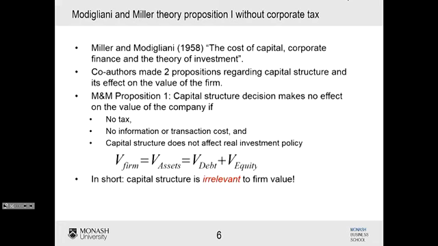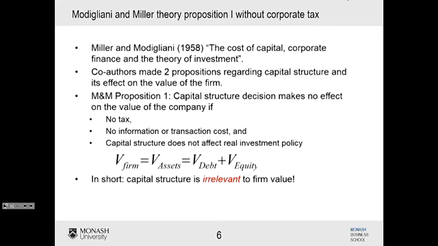Then that's going to cut into the theory that we're going to discuss today. It's Modigliani-Miller theory. As you can see here, the paper originally published is Miller and Modigliani, but later on we flipped it and say Modigliani and Miller theory. The paper was published in 1958, The Cost of Capital, Corporate Finance, and the Theory of Investment.